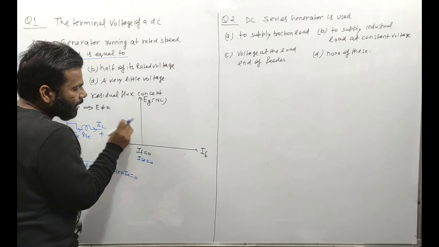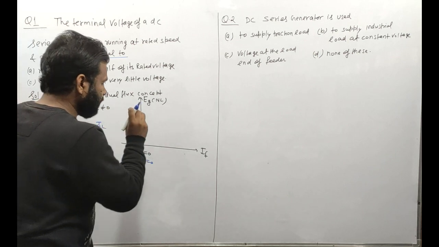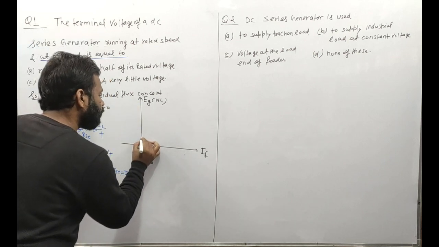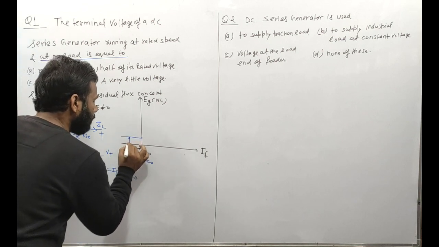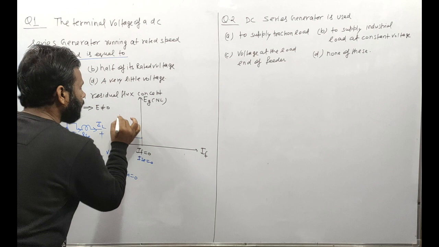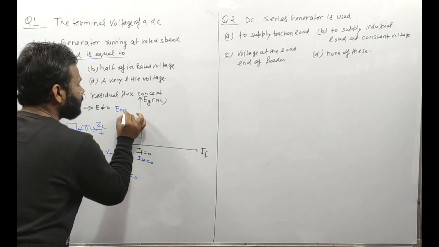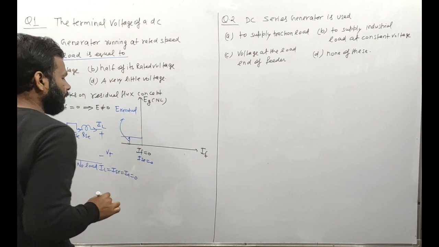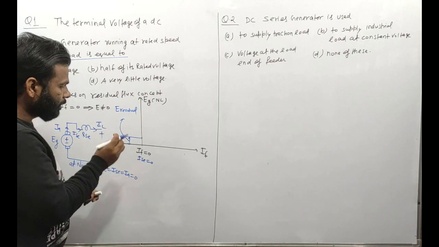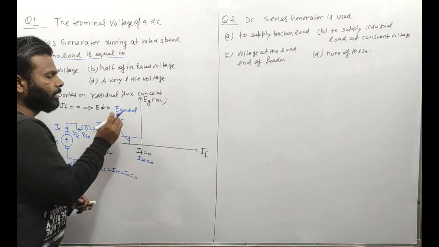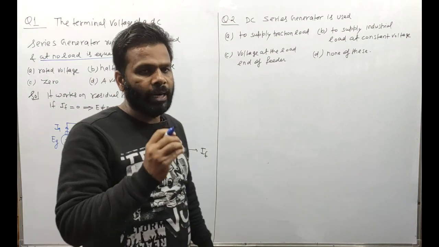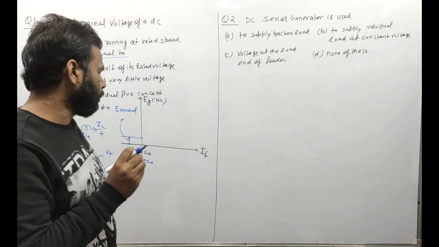In case of a self-excited DC generator, that is the series generator, we have some amount of voltage. This some amount of voltage is called E residual. Okay? Now when field excitation is zero, the amount of voltage present in the field poles or at the output is called residual voltage.